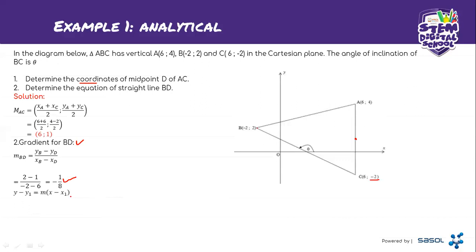Now you write the standard equation for a straight line. Then you substitute. You can see which point they have used there. I think that point is point B. You can see it is point B. The coordinate of point B, you can see, is (-2, 2), right?